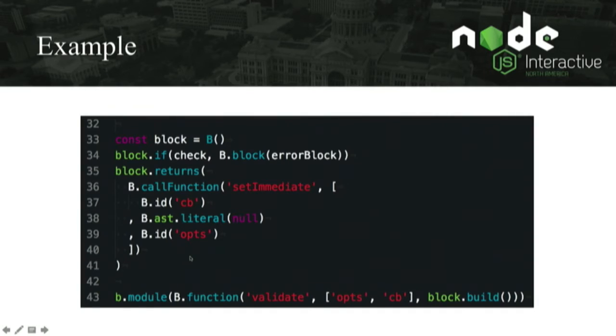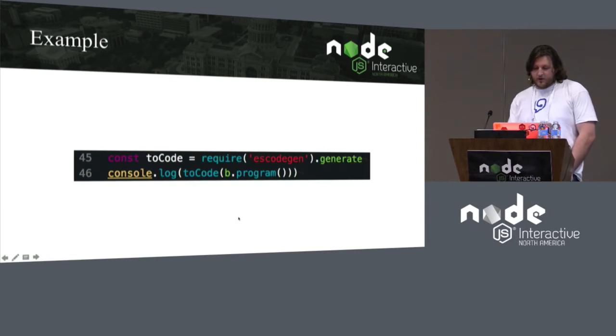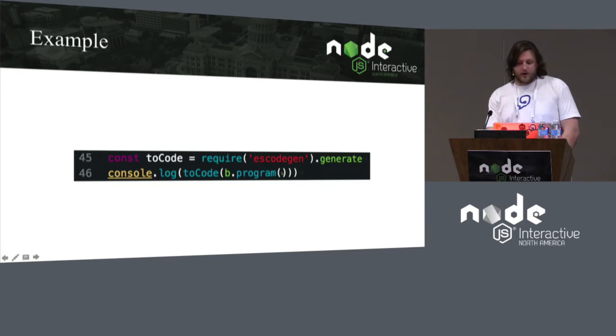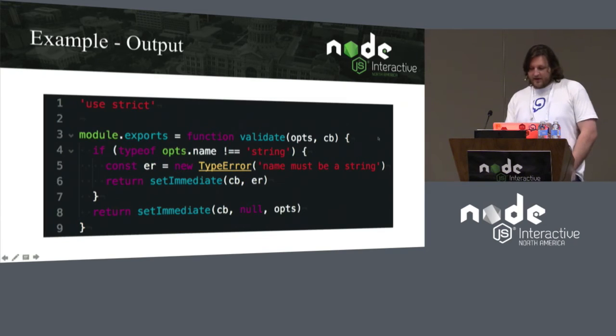Then down at the bottom we call b.module, and we export a function called validate with ops and callback as the arguments. And then you can just pass in b.program and call ESCodeGen generate, and that will generate the code for you and output a string. So finally we get to build it, and that brings up the actual validate function that we export.